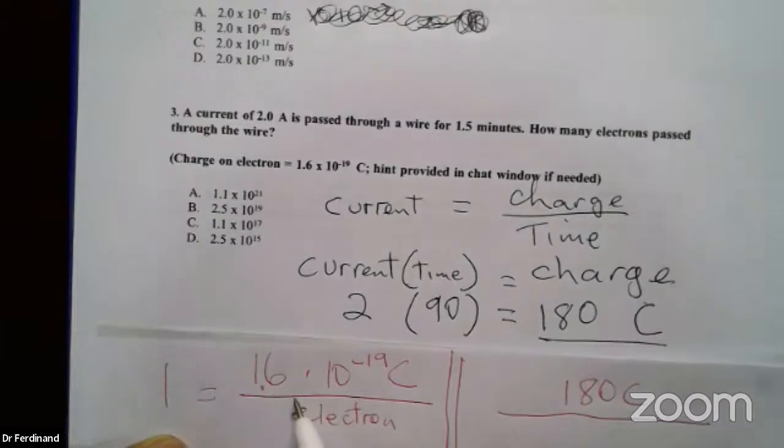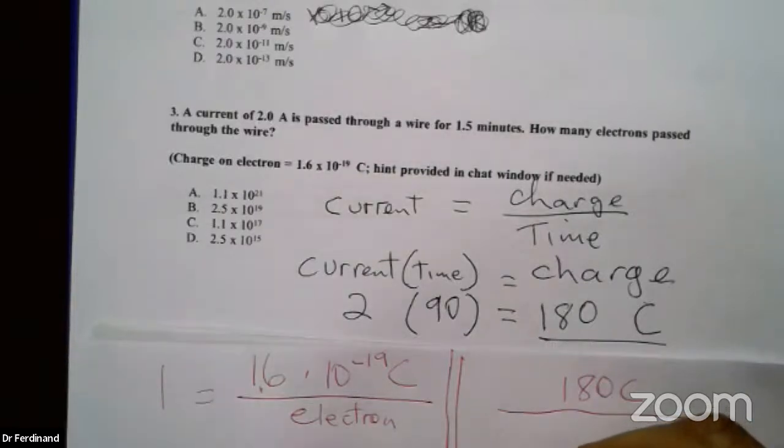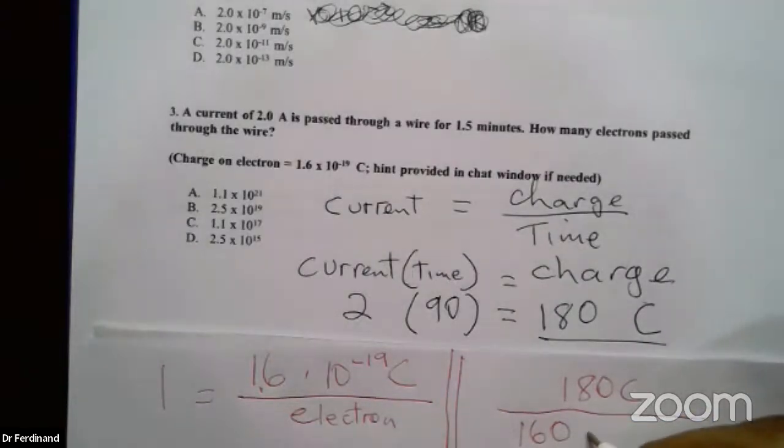I'm going to add here and subtract there, so this is another way of writing this. We can write this as 160 times 10 to the minus 21 coulombs per electron.